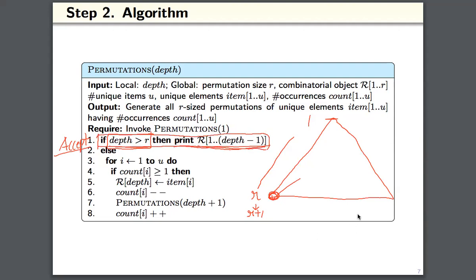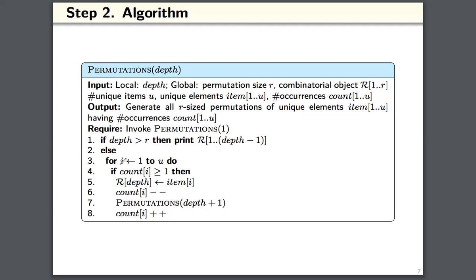Else, what do you do? For I is equal to 1 to u, if count of I is greater than or equal to 1, R of depth is item of I, count of I minus minus. Okay, what's happening here? Now let's take a look at one node, any node in the recursion tree.